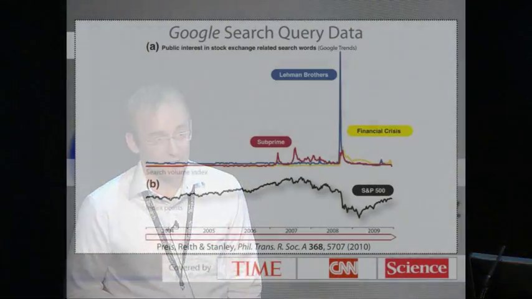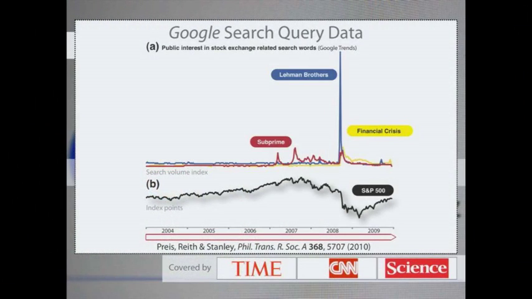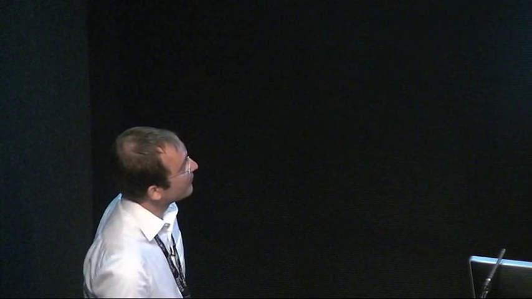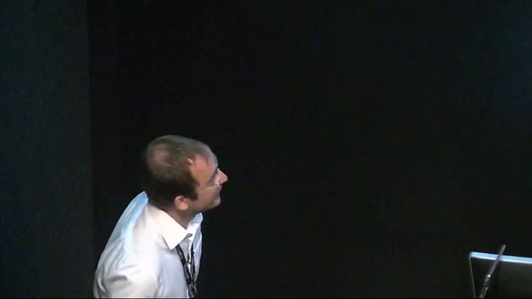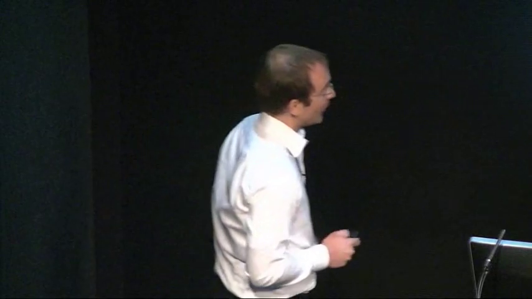And we got involved in this kind of research in 2010 when we analyzed information provided by Google by the tool Google Trends. And this is just an example from a publication published in that year in the Philosophical Transactions of the Royal Society. You see three curves for the different terms: subprime, Lehman Brothers, and financial crisis on a weekly basis.